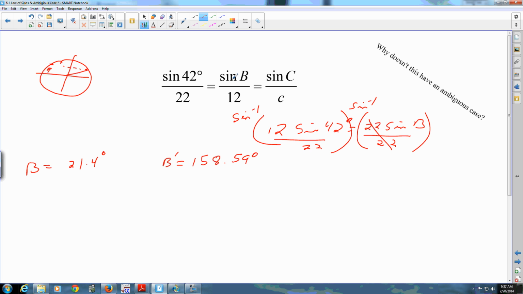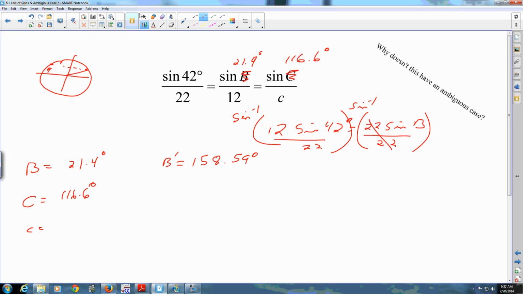If it's 21.4, I can find angle C by taking these two and cutting them off of 180. So 180 minus 42 minus 21.4 degrees, and you get angle C is 116.6 degrees. No problem. You can go on and find side c.